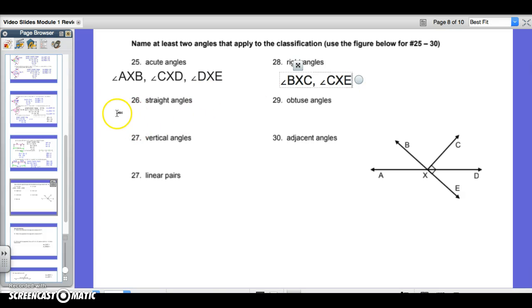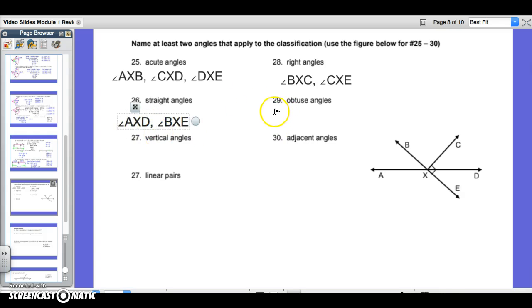Straight angles, there's 2 of them because I see 2 straight lines that go all the way through, and that would be angle AXD, it goes straight across, and also angle BXE. So those are straight lines that have arrows going in both directions, and I can have 3 letters to talk about them.